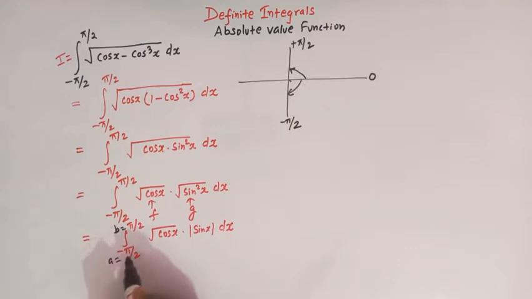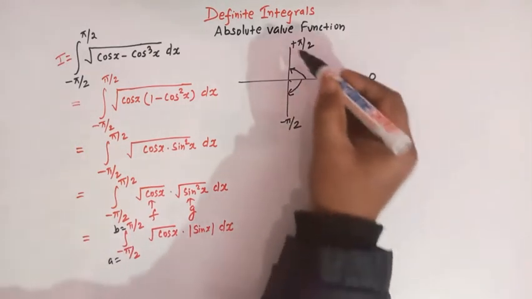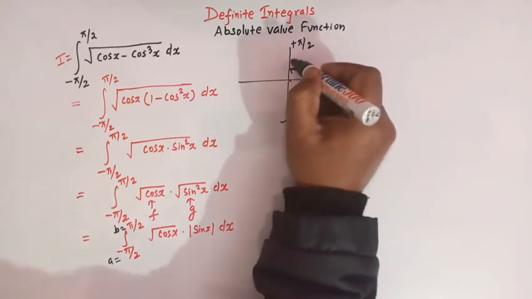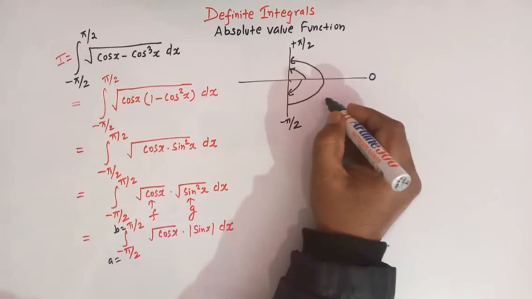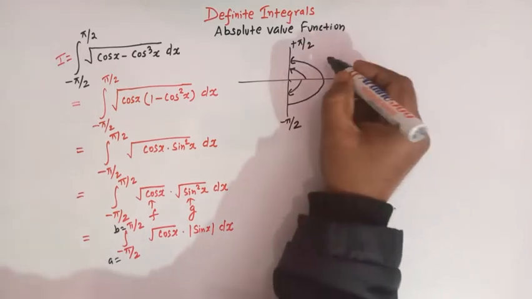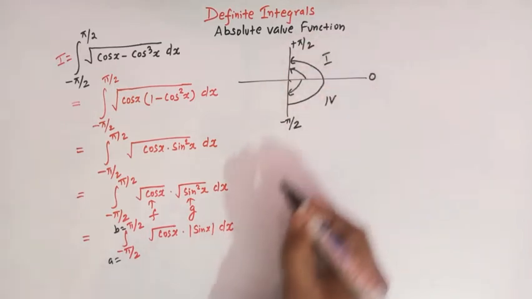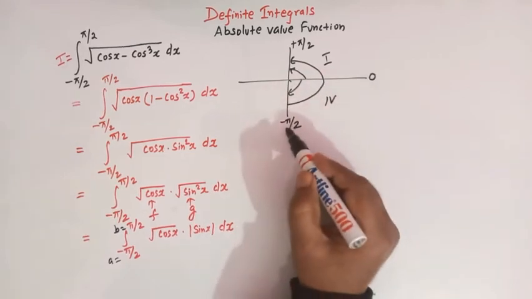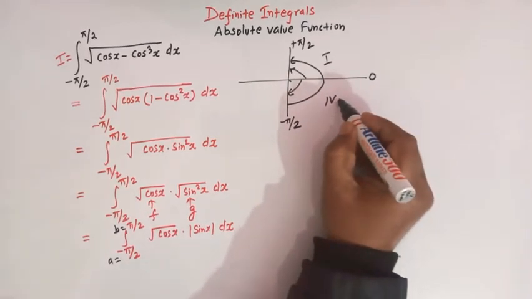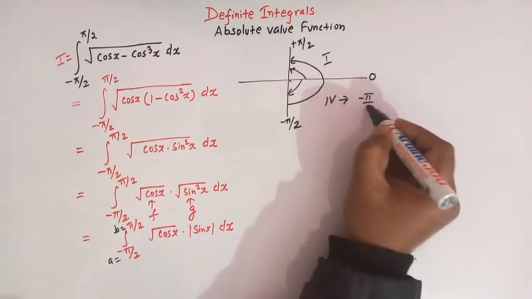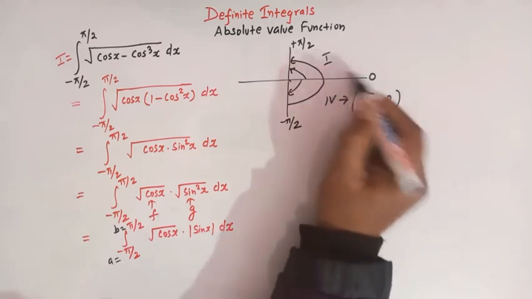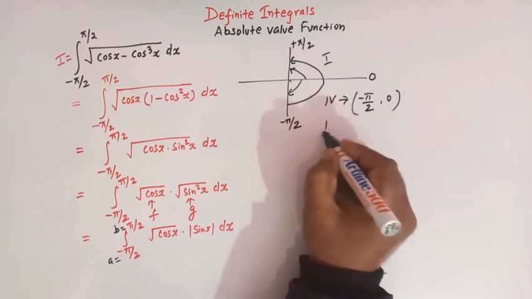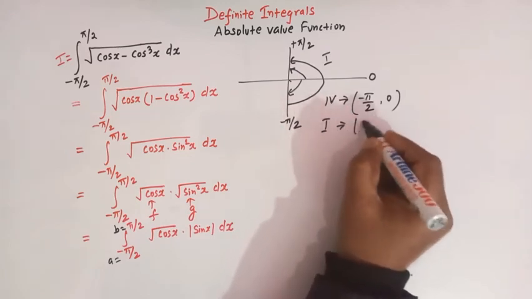So now we have to integrate from minus pi by 2 to pi by 2. It means we have to travel from the fourth quadrant to the first quadrant. So this is the fourth quadrant, from minus pi by 2 to 0, and the first quadrant is from 0 to pi by 2.